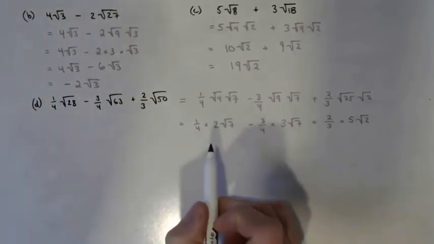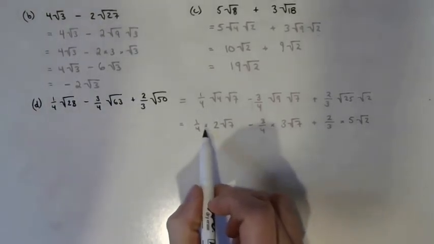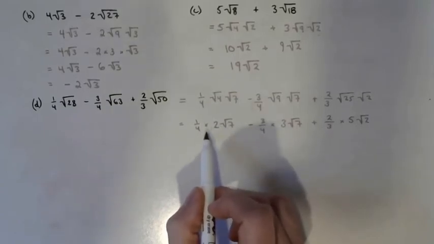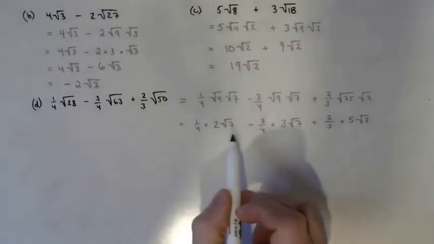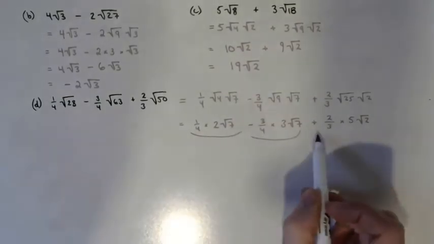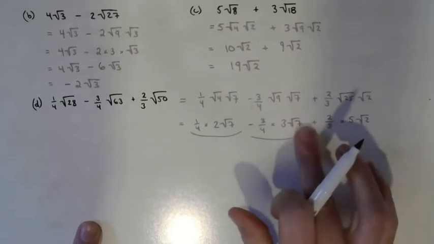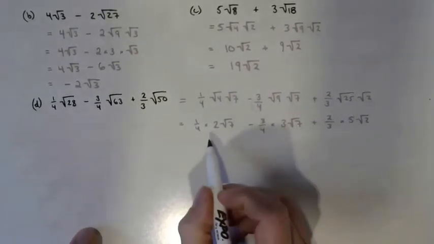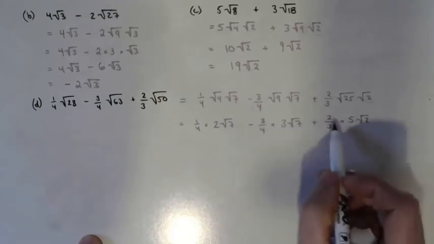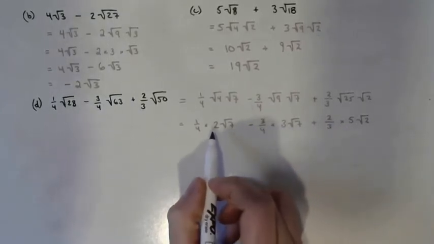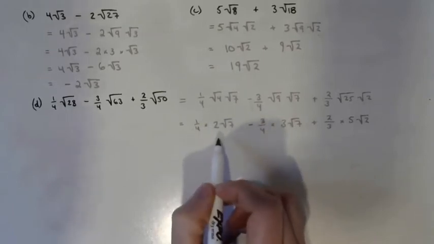I know that multiplication is the default operation in algebra, and that multiplication needs to be done before addition and subtraction, so I've got 3 chunks here still. Hopefully you can see that as well. Now is not the time to start adding your quarters and your fourths and your thirds together. That's not going to be helpful at this point. You still need to deal with the multiplication that's involved here.